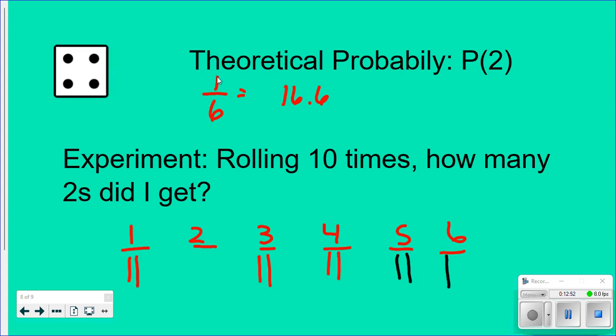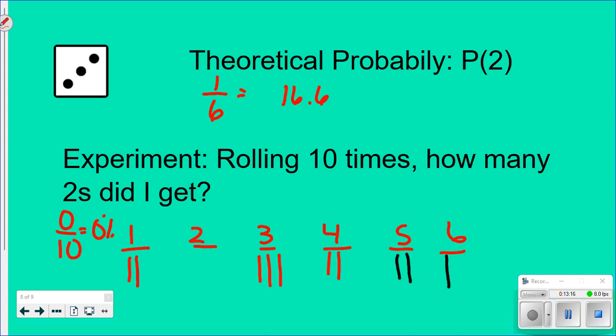Come on, 2. Oh, a 3. So 2 is the only one. So this time, out of 10, so I have 2, 4, 5, 6, 7, 8, 9, 10. In my experiment, I got 0 out of 10. Which probably is pretty close because 0 out of 10 is 0% and 1 out of 6 is 16.6%. So really, it's actually pretty close.